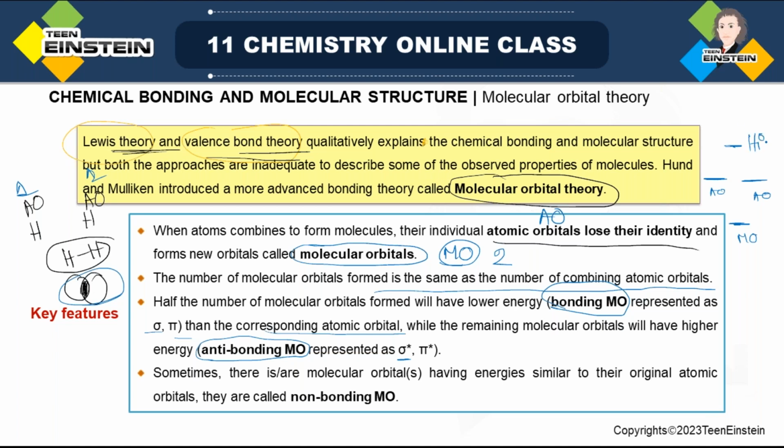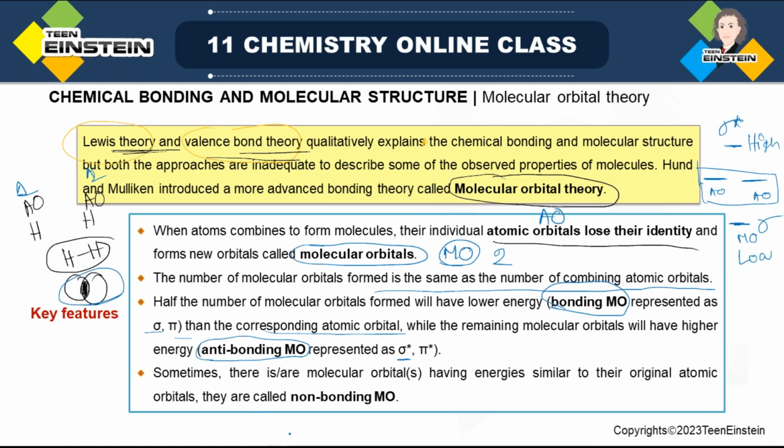So this is higher energy, this is lower energy, obviously compared to the atomic orbitals before bond formation, right? So this will be sigma star, because in H2 there is no pi, there is only sigma, and this will be sigma because it is bonding. This is anti-bonding.